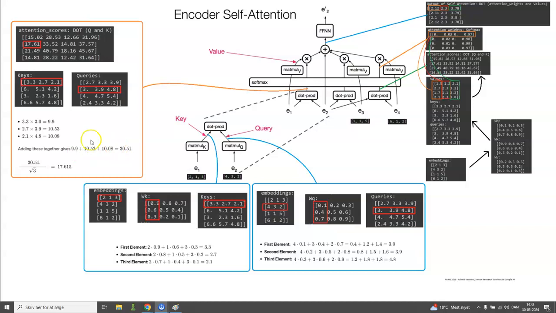Then we add them together to get one value, and there's also one small trick. They divide it by 3. I don't remember if it is the size of this, yeah, it's the size of the vector. Yes, it's 3.